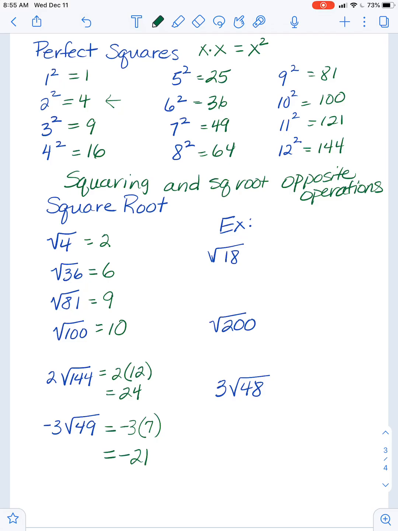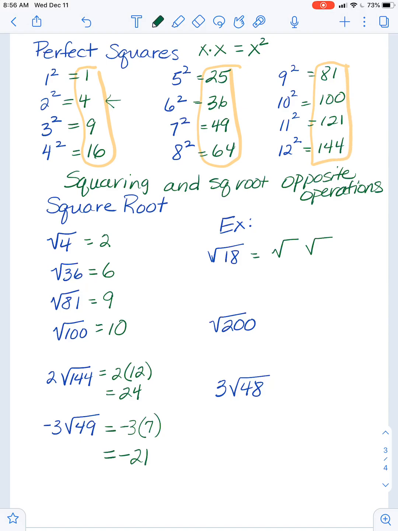Now, what happens if it's not a perfect square? There are multiple ways to do that. My thinking for the easiest way is to look up above in your chart and find one of those numbers that will go into 18. So we are looking at these numbers here, and I want to know which one of those will go into 18.